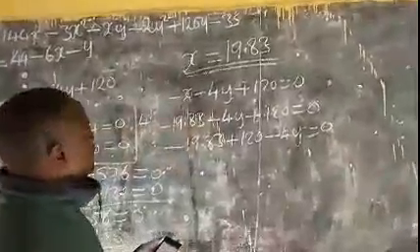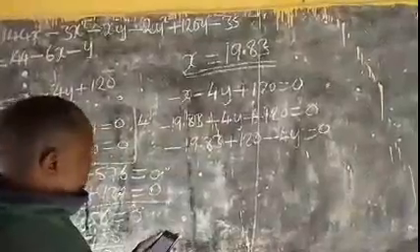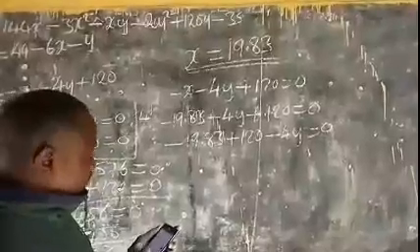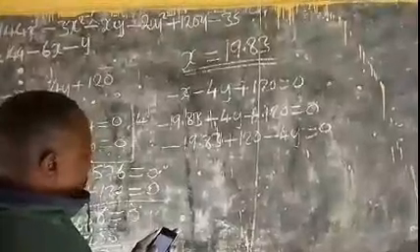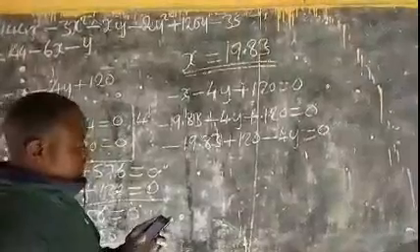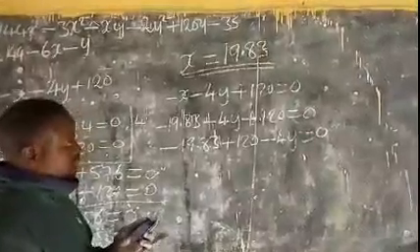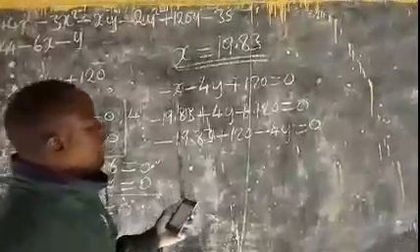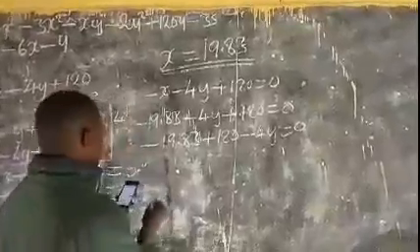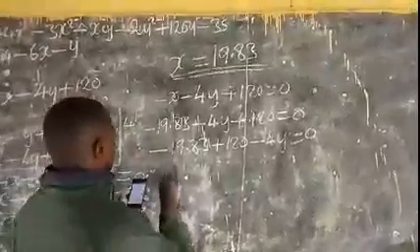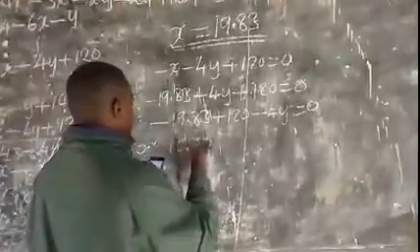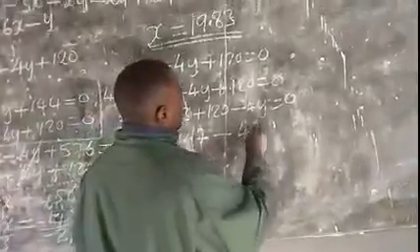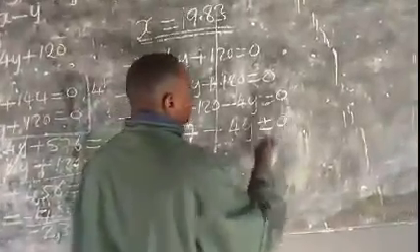So if I do the mathematics, 19.83 plus 120 is giving me 117. 117 minus 4y, which is equal to 0.